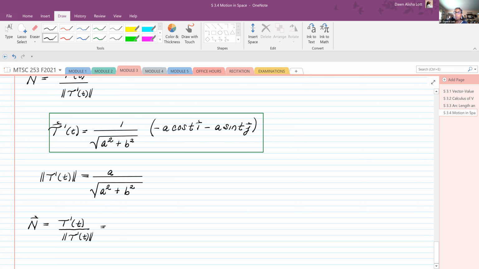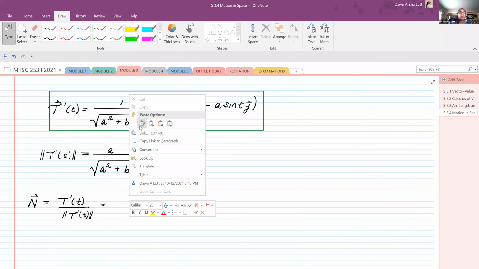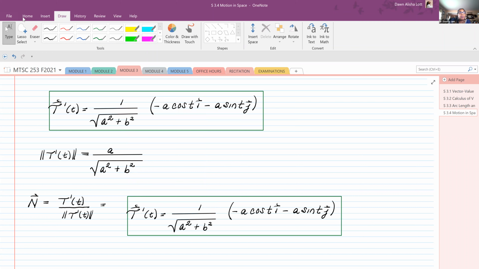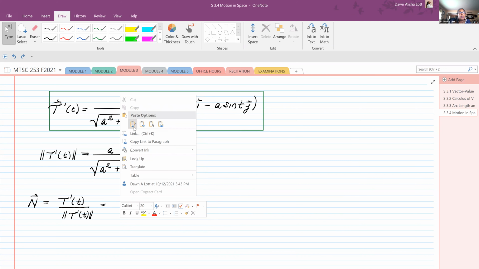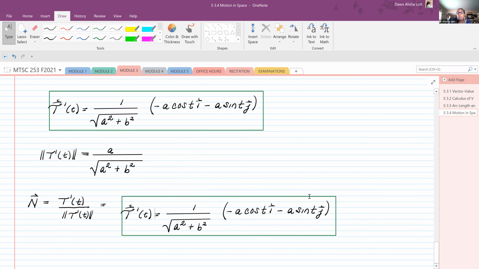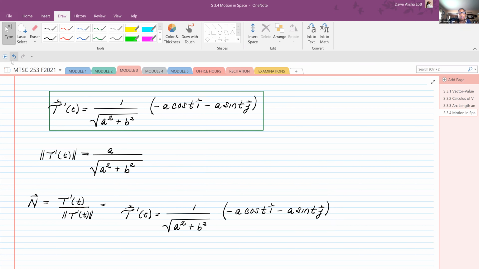So when I take the divide, I'm going to get this thing, which is t prime, and when I divide by that, I'm going to multiply by its reciprocal.